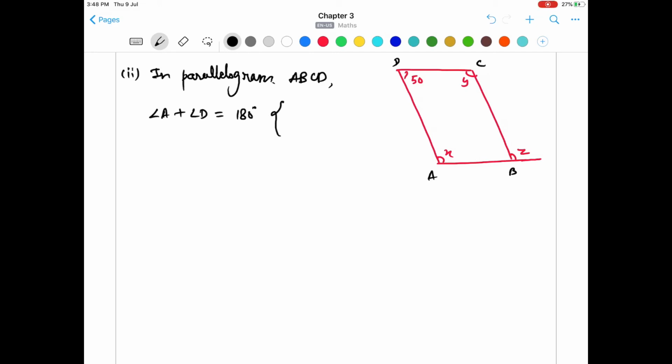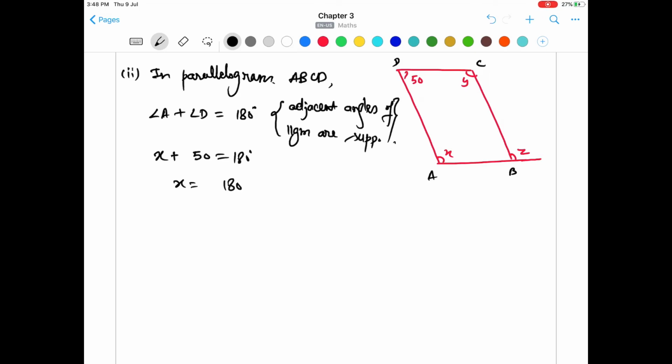The reason is again the same: the adjacent angles of a parallelogram are supplementary. Angle A we have is given as x, and angle D is given, which is 50 degree, equals 180 degree, or x will be equal to 180 degree minus 50 degree, which is 130 degree. So the value of x is 130 degree.